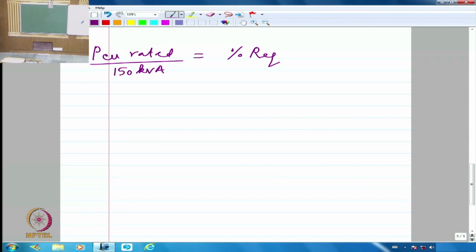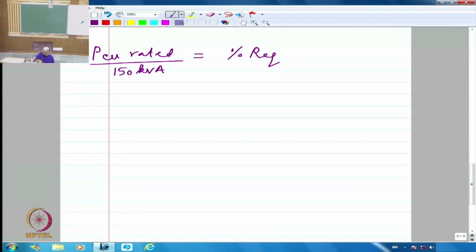Because this is essentially I times R equivalent divided by V rated. That is what is percentage R equivalent. I am multiplying the numerator by I and denominator also by I, rated current. Then I should be able to get at the denominator whatever is the rated kVA of the system, which is 150 kVA. And at the top what I would get is I rated square R equivalent, which is rated copper loss itself. Am I right? So this is going to be actually percentage R equivalent.